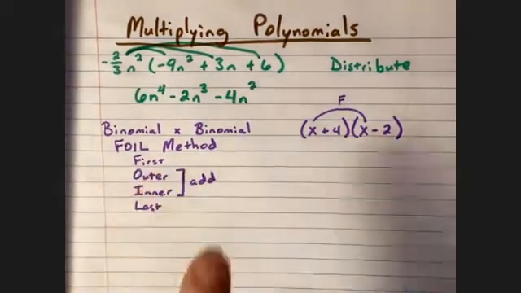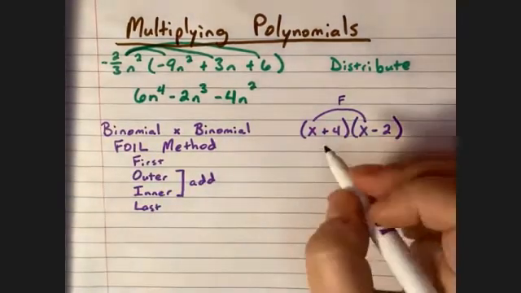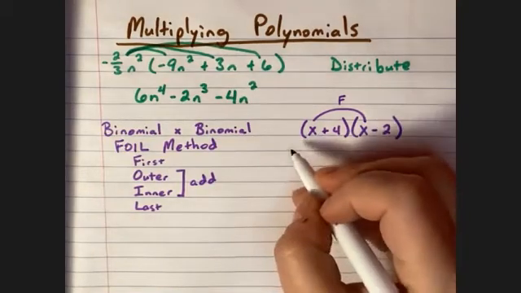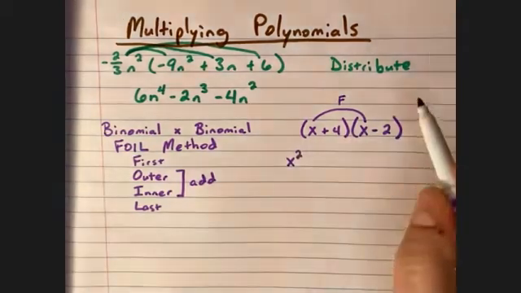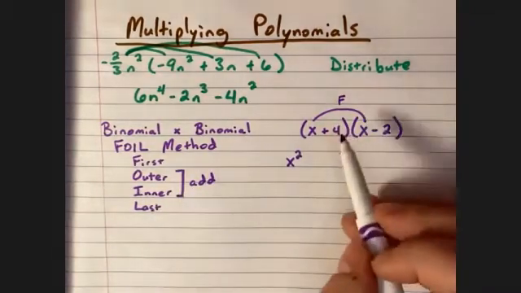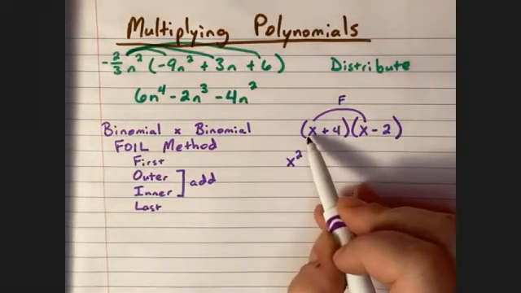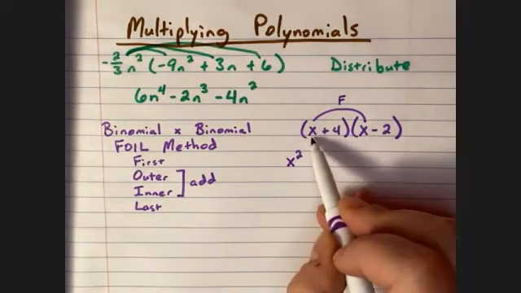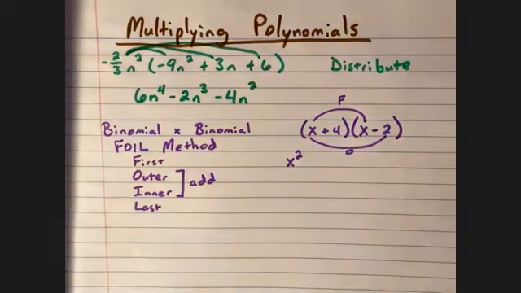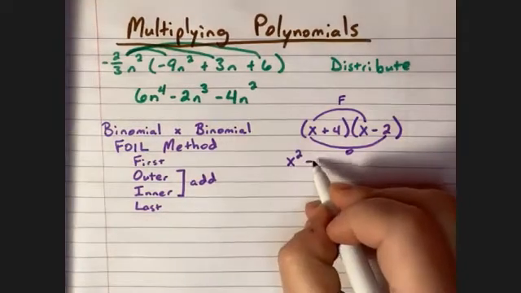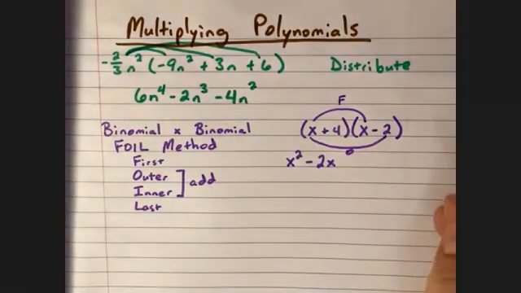So the first times the first, x times x is x squared. Now, the outer 2, so I have 4 things here. So these 2 that are on the outside most, those are the outer 2 terms. X times negative 2 is negative 2x.